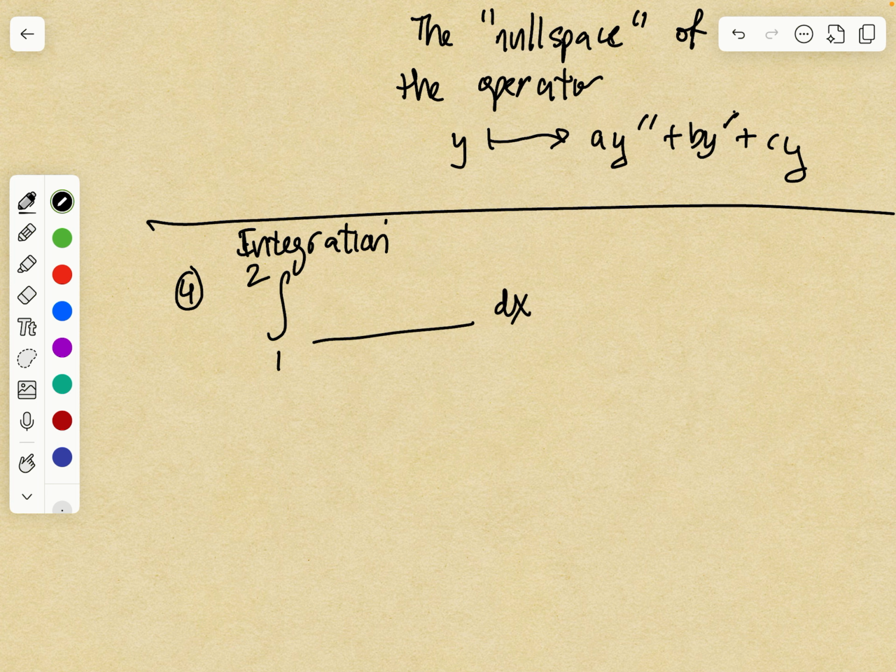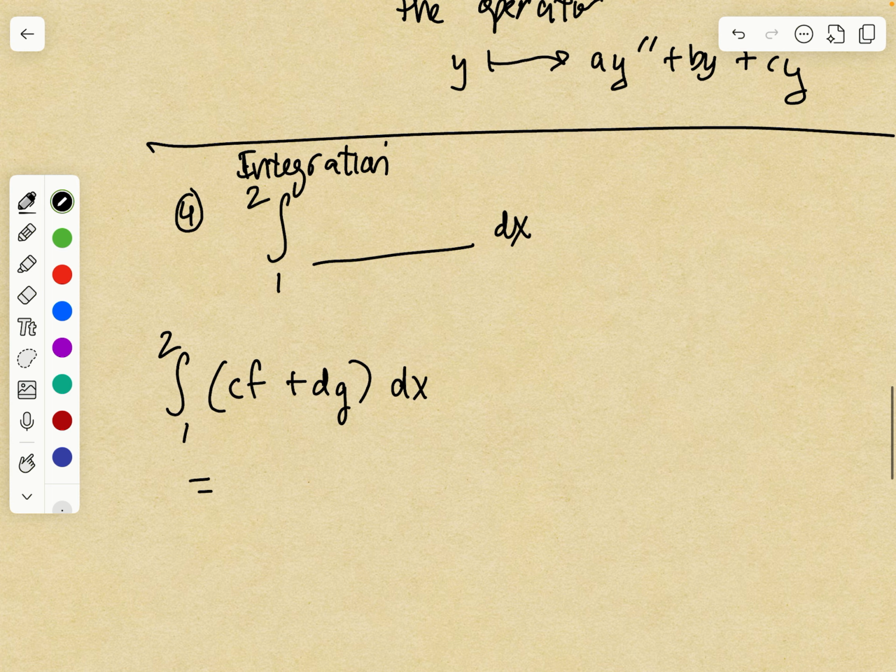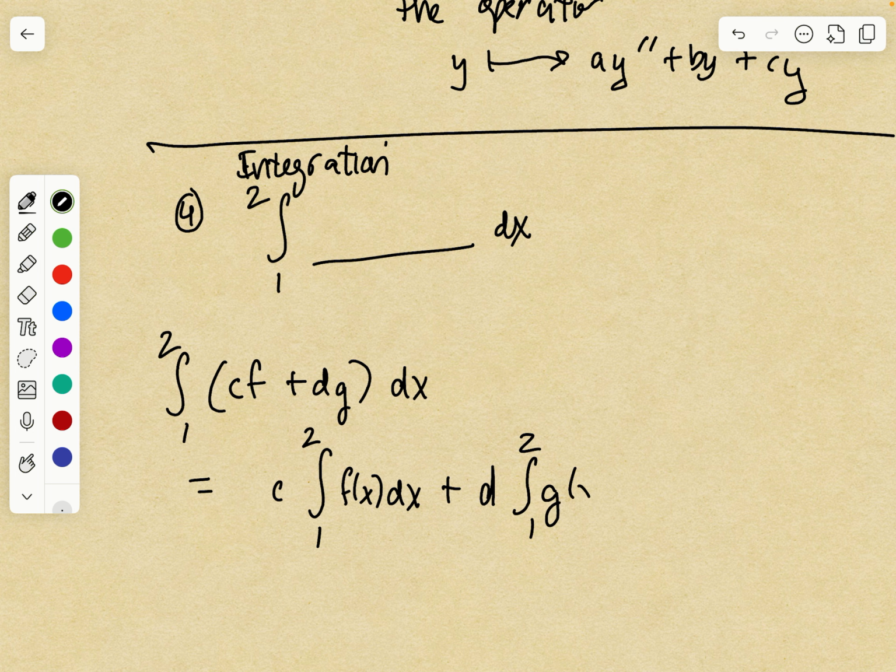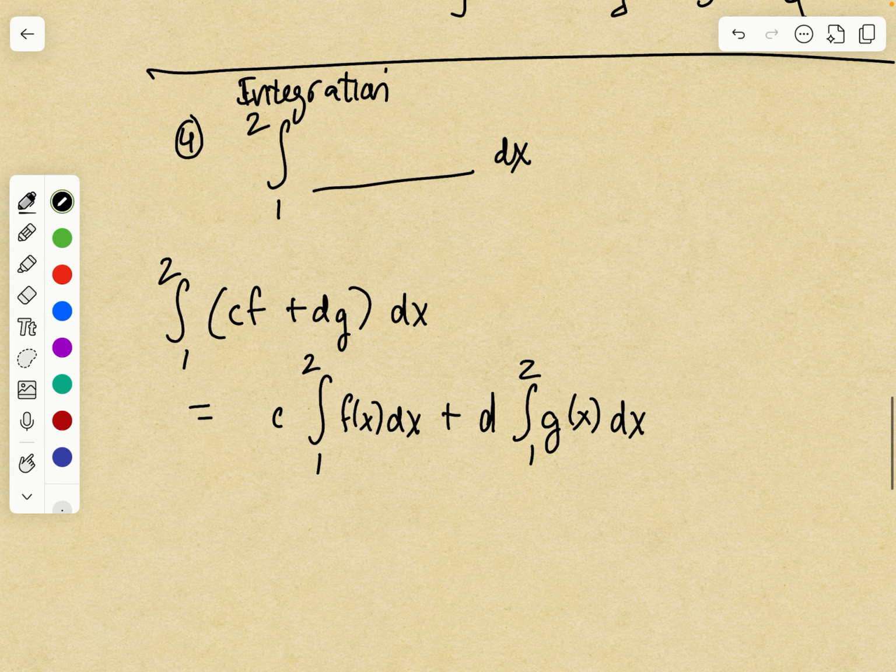If you're integrating the function cf plus dg from 1 to 2, that's the same as c times the integral from 1 to 2 of f plus d times the integral from 1 to 2 of g. This is a linearity property of definite integrals.